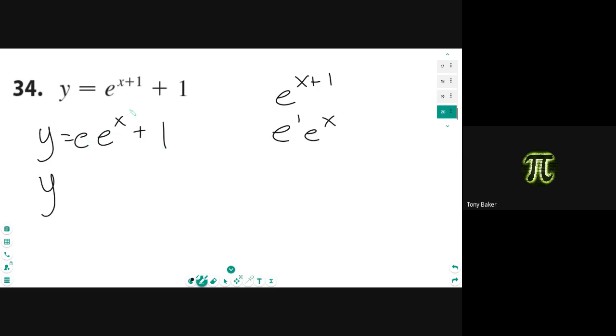What's the derivative of e to the x? It's just e to the x, right? And e is a constant. And that 1 disappears. You can write it back as e to the x plus 1.